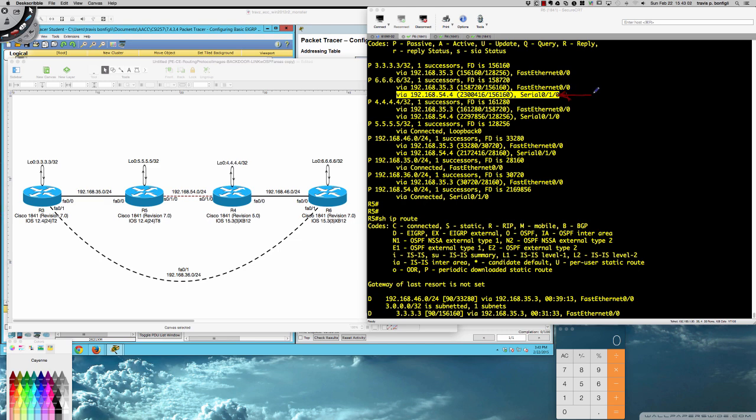So DUAL already knows that if this link goes down, FastEthernet 0/0, this will simply be moved from the topology table directly into the routing table. And again, remember, at present we don't see this route in the routing table because he is a feasible successor. Okay? He's a feasible successor.